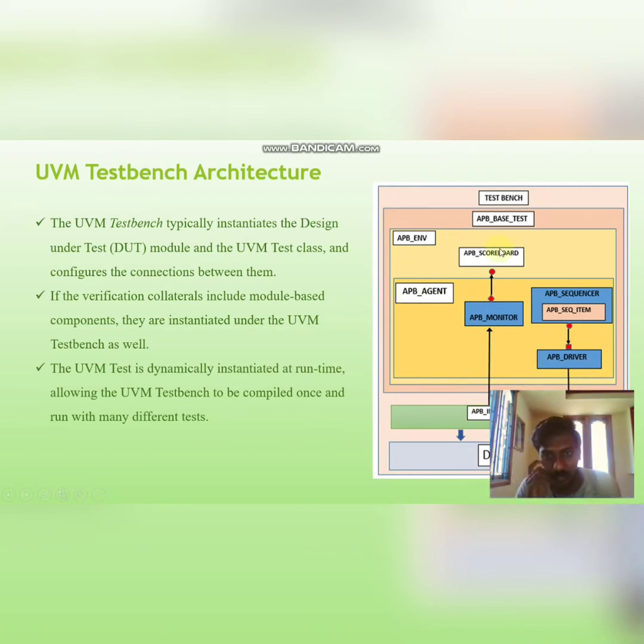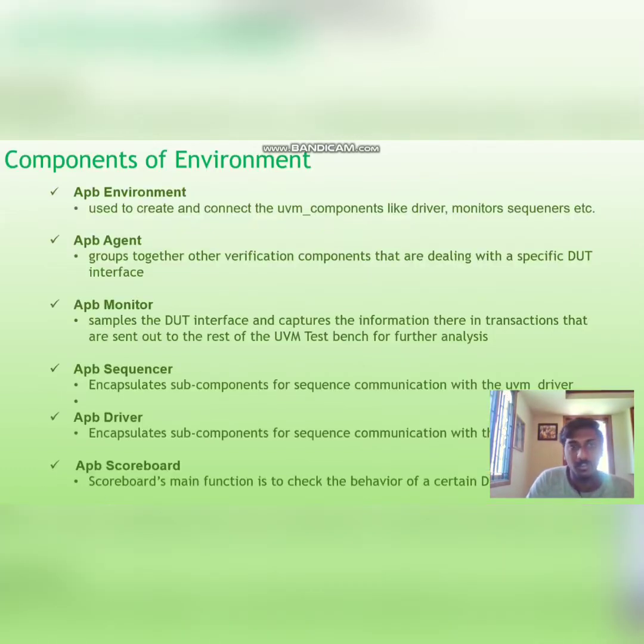Now we are going to interface the APB protocol to the DUT. DUT is the design under test. We will discuss everything: APB sequencer, APB driver, monitor, agent, scoreboard, environment, base test, in the next slide. Just wait.